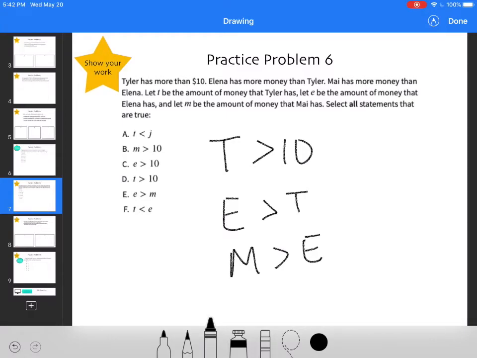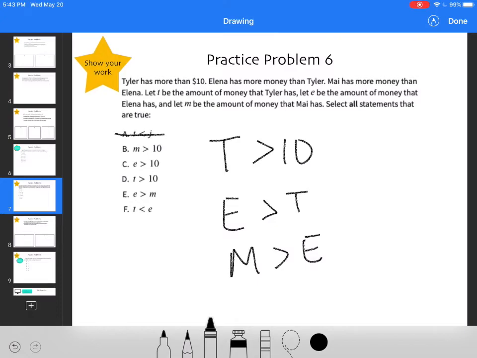Well, who's J? I don't know who J is, so I'm not going to worry about that one. So it says Mai is greater than 10.